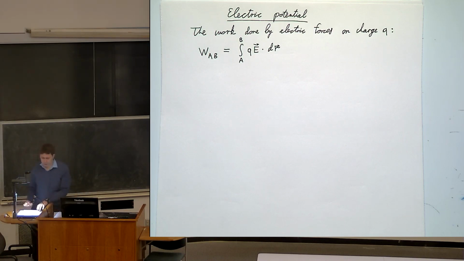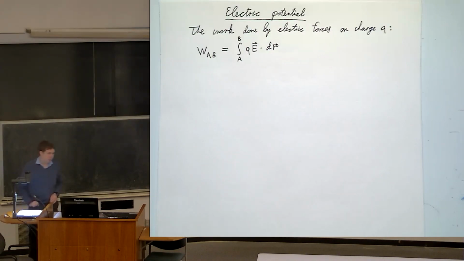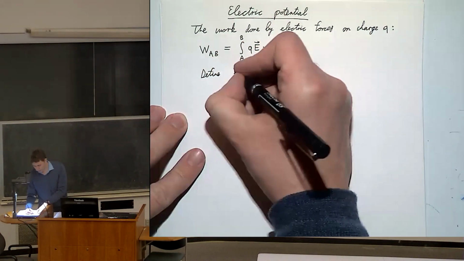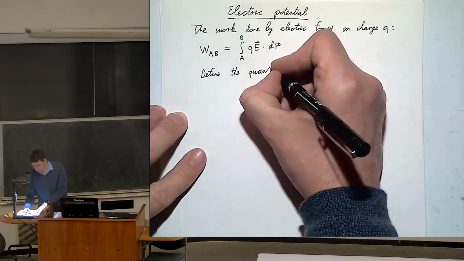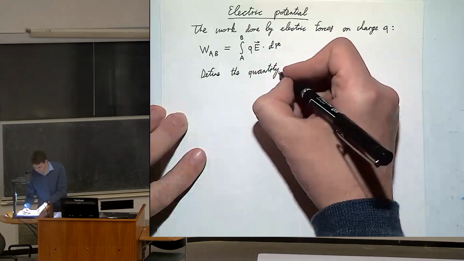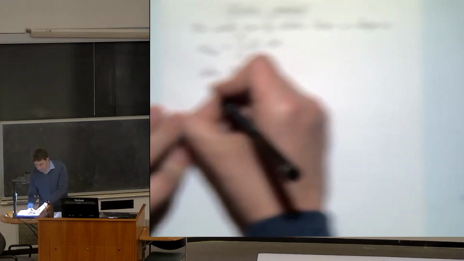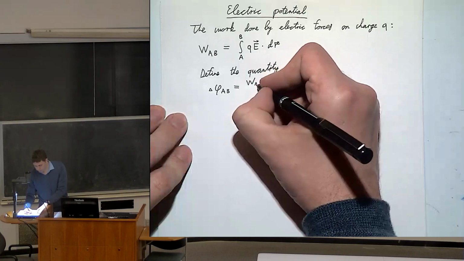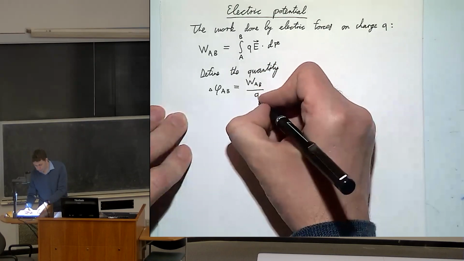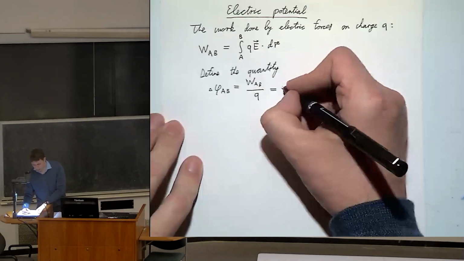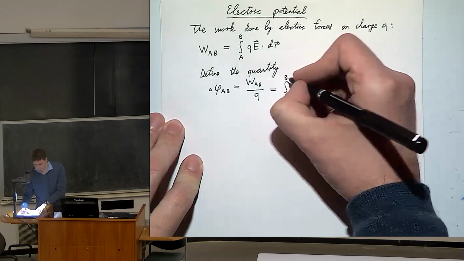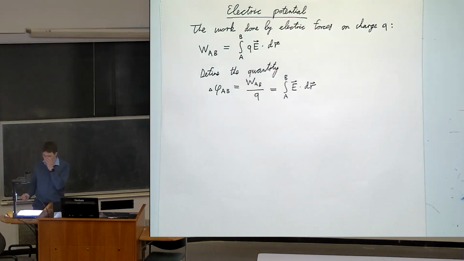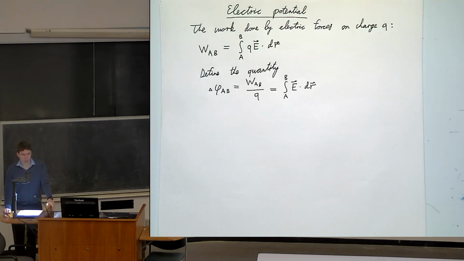Let's consider a quantity equal to this work divided by the charge Q. So I'll write here, define the quantity, let me call it delta phi AB, equal to WAB divided by Q. And it's going to be given according to the above formula by the integral of E dot dr integrated over the path.